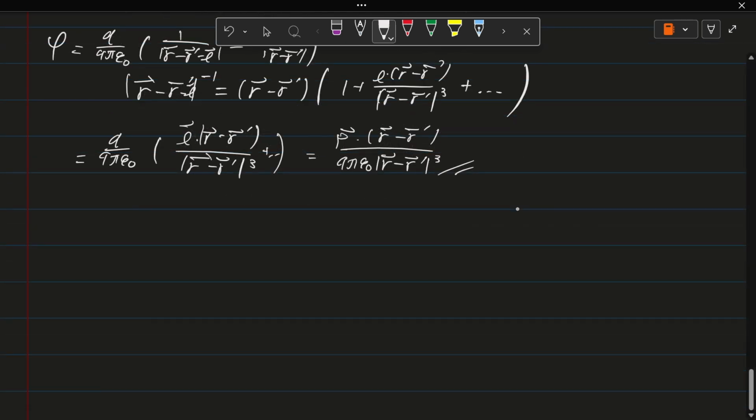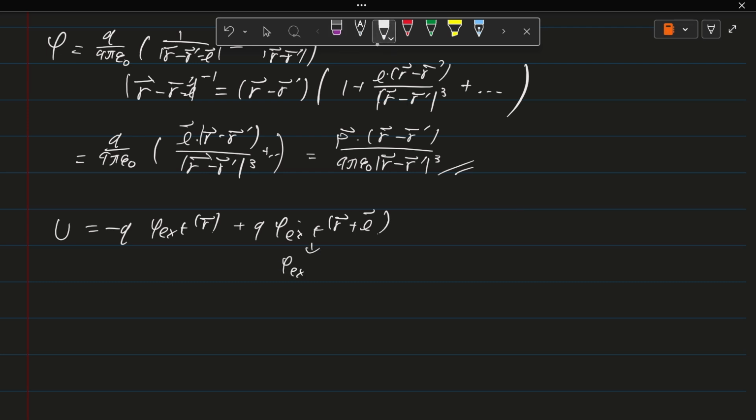We could also try to view the potential energy when you put a dipole moment in an external electric field. There will be a negative q phi external of r vector, which is basically the potential for the negative q, as well as one for the positive one. And so you could expand this into a much nicer form, r vector plus L dot the gradient of phi external of r vector.